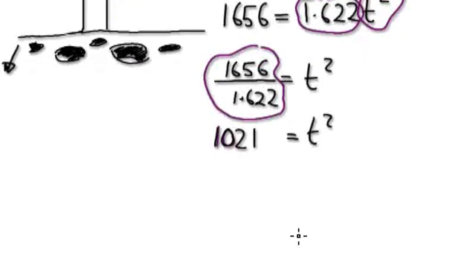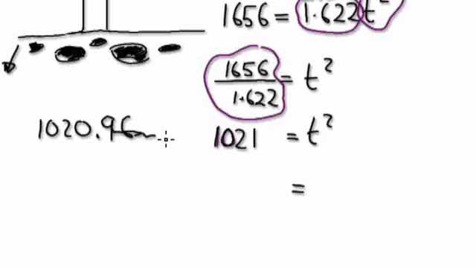Now square root both sides. Another calculator says 1.20 point something, but because of this 9 here, which is closer to the 1, we're going to push it up.